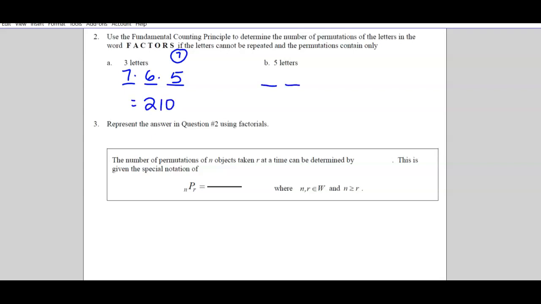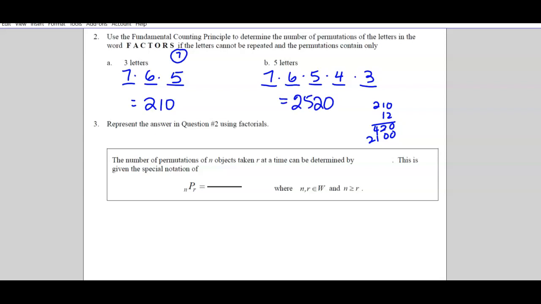For the next one we have 7, 6, 5, 4, 3, so that's 210 times 12 further. So, 2,520. I think I did that right.